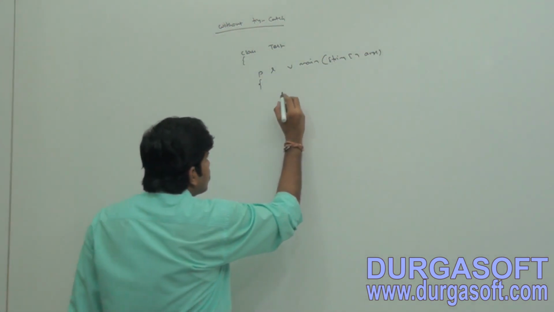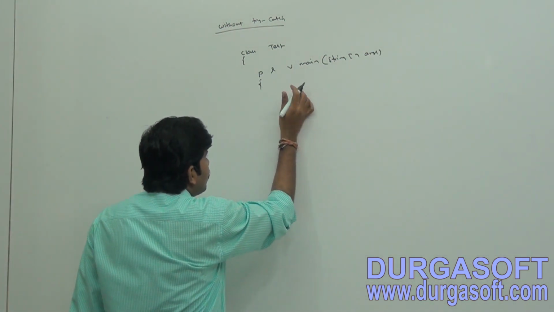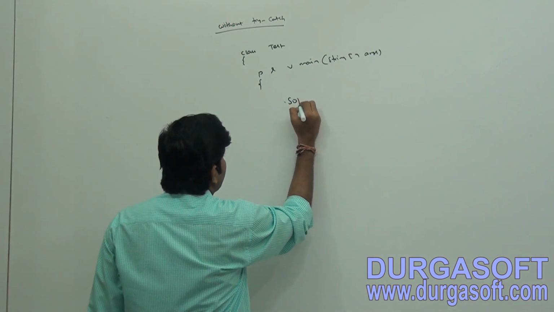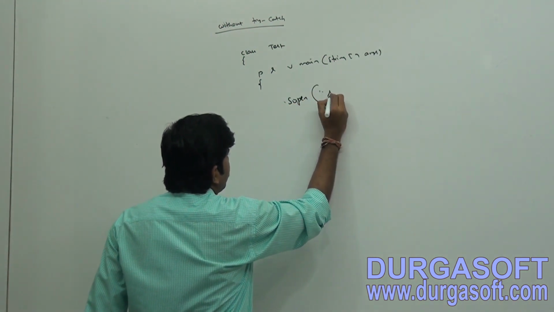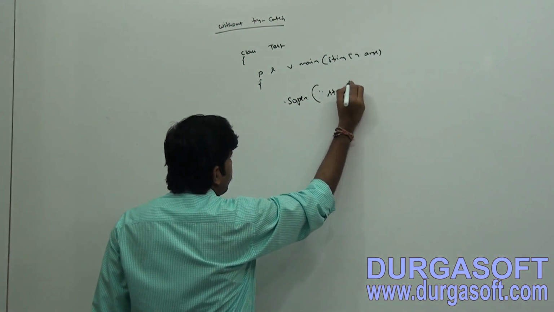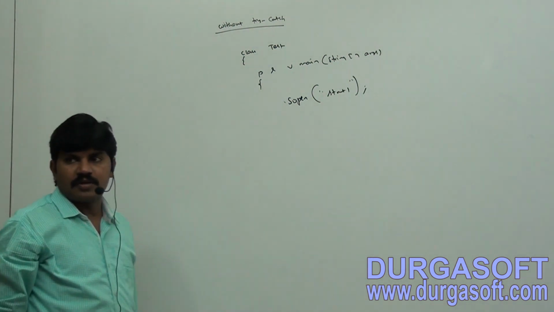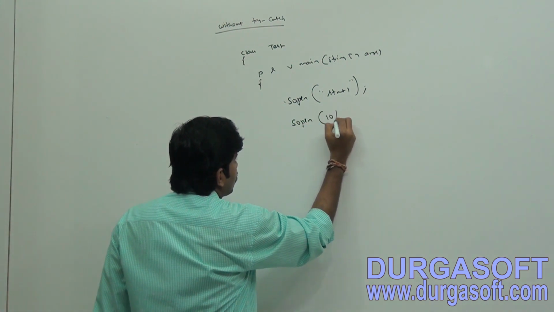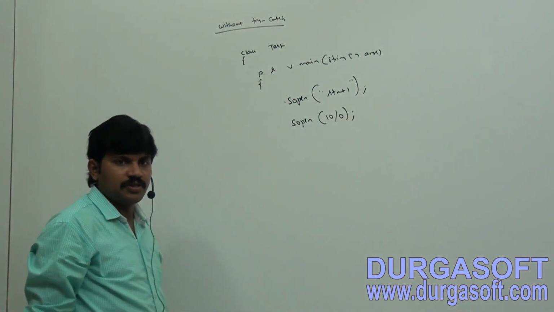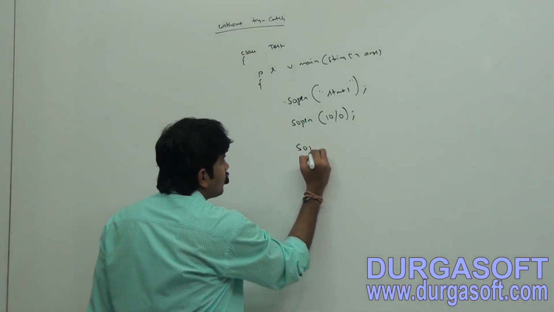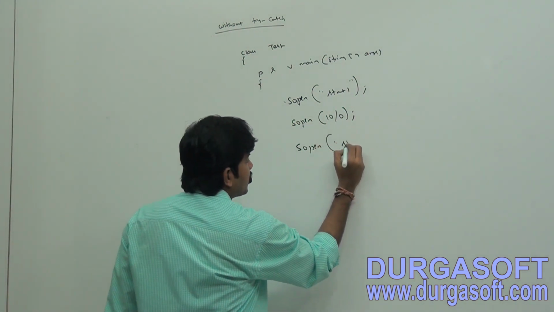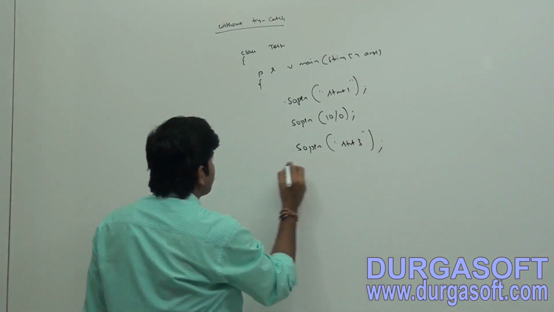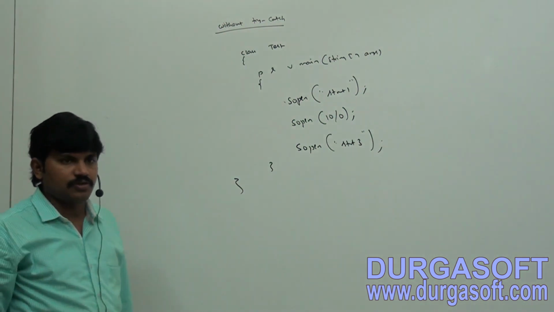Now my target is, sir, I'm taking here System.out.println statement 1. Then System.out.println of 10 by 0, I'm taking 10 by 0. Next System.out.println statement 3 I'm taking, right? End of this one and so on.